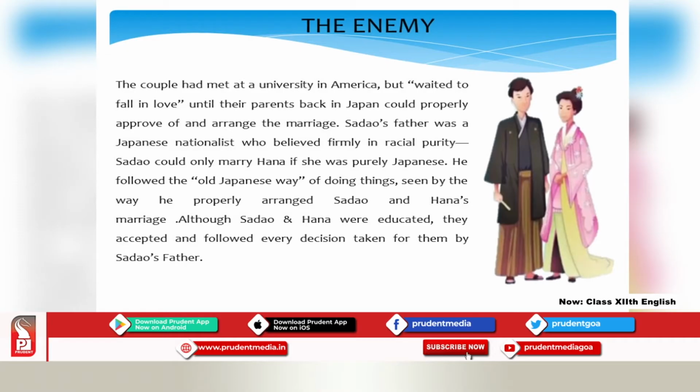Sadao could marry Hannah if she was purely Japanese. He followed the old Japanese way of doing things, seen by the way he properly arranged Sadao and Hannah's marriage. Although Sadao and Hannah were educated, they accepted and followed every decision taken for them by Sadao's father.